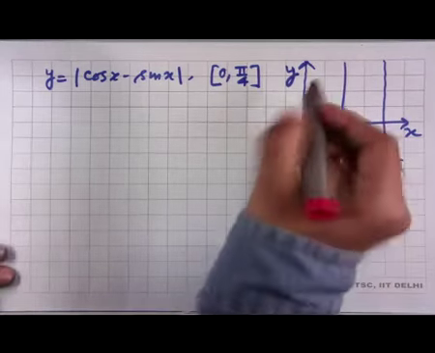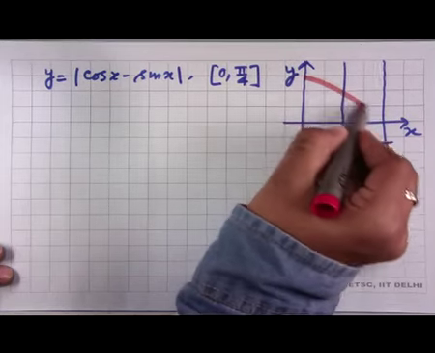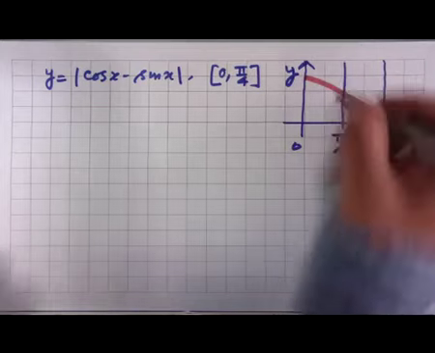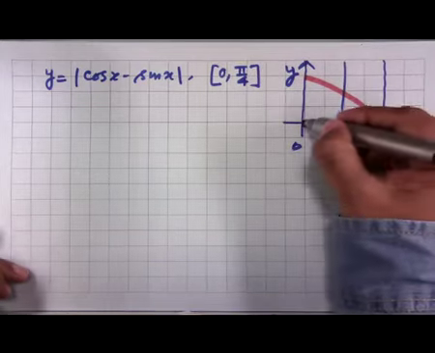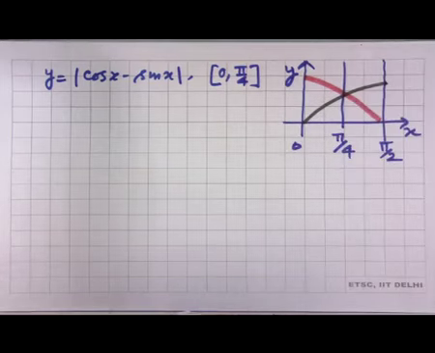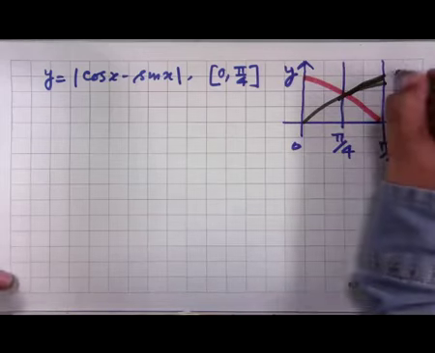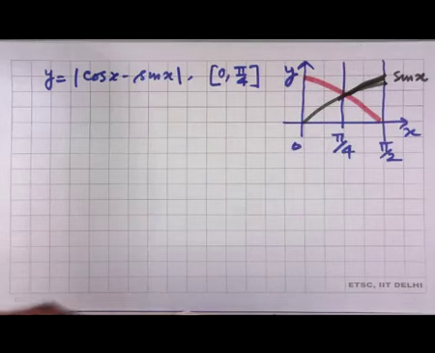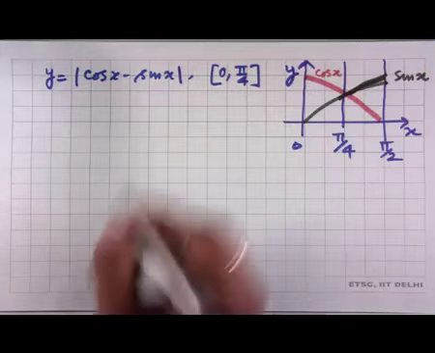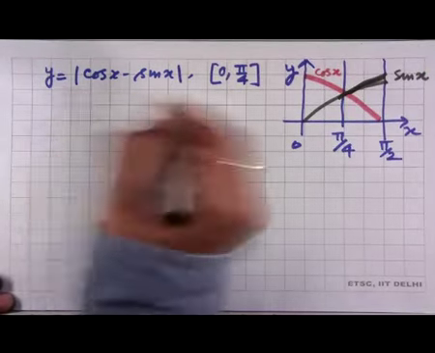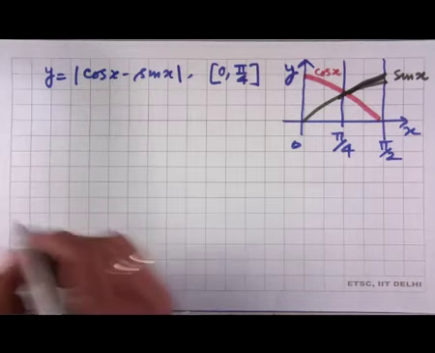So cos 0 is 1, cos pi by 4 is 1 by root 2, cos pi by 2 is 0. So this is cos x, and this is sin x. Since modulus is there, to open this we need to know where cos x dominates sin x and where sin x dominates cos x.